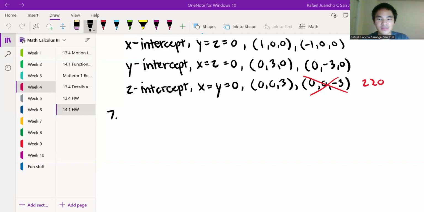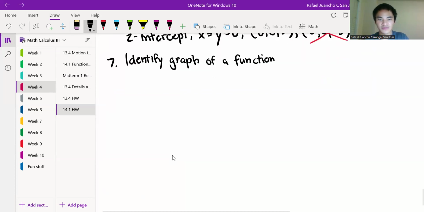I'm not going to do that. I'm basically going to sketch the graph myself, or try to find some, but basically identify the graph of a function. So maybe I might just do that. Okay, so how do we do this?